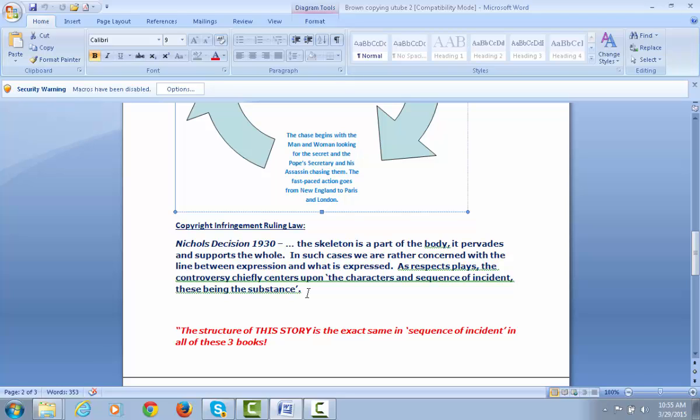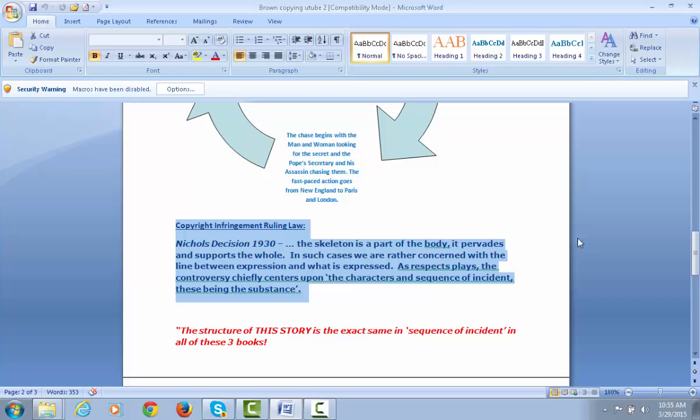A very famous copyright infringement ruling is the Nichols decision of 1930. In it, the judges tell us that the way to identify copying is to look for certain things, saying, the skeleton is part of the body. It pervades and supports the whole. As respects plays, the controversy chiefly centers upon the characters and sequence of incident, these being the substance.